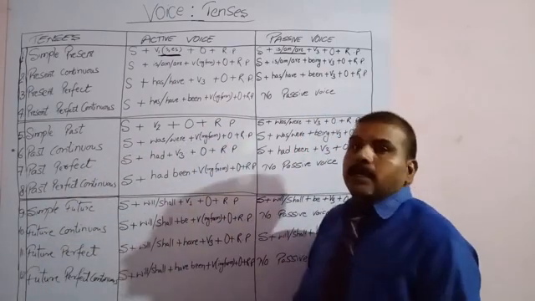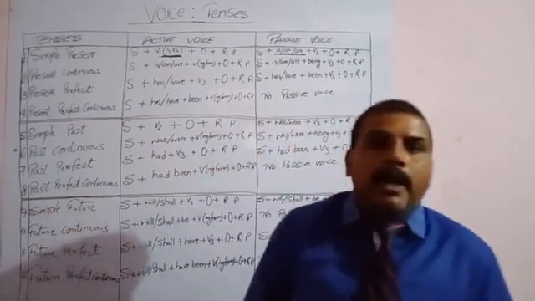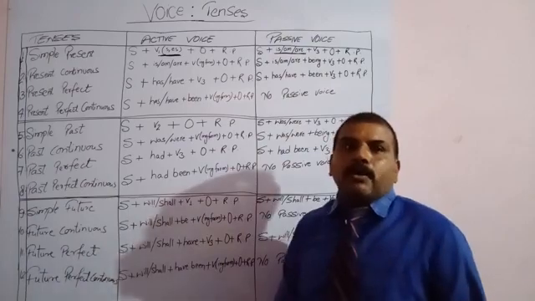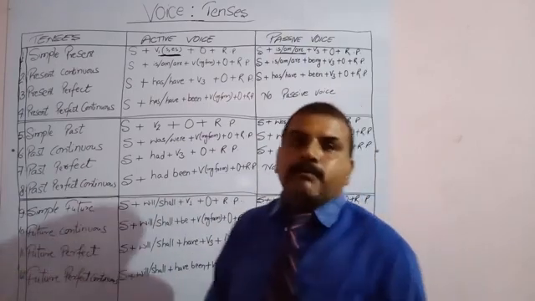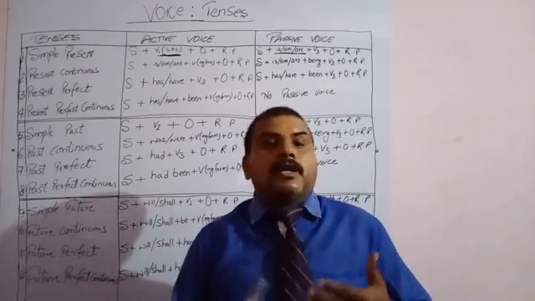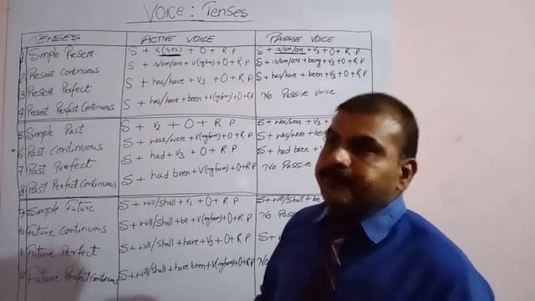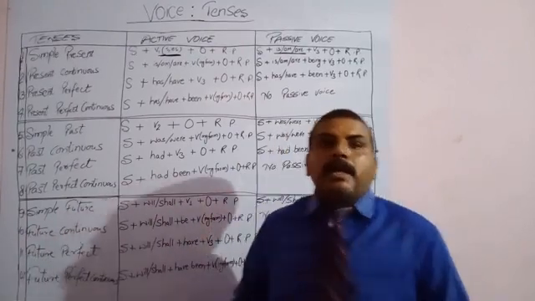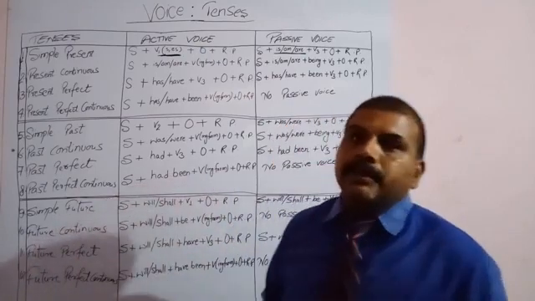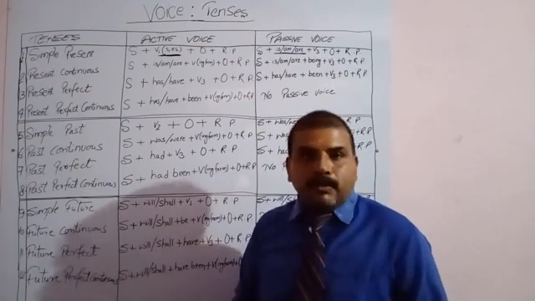As I taught you earlier in my previous video about active and passive voice, there are steps to follow for converting active to passive or passive to active. First of all, we have to identify the verb, then the doer of the verb, then the receiver of the verb.